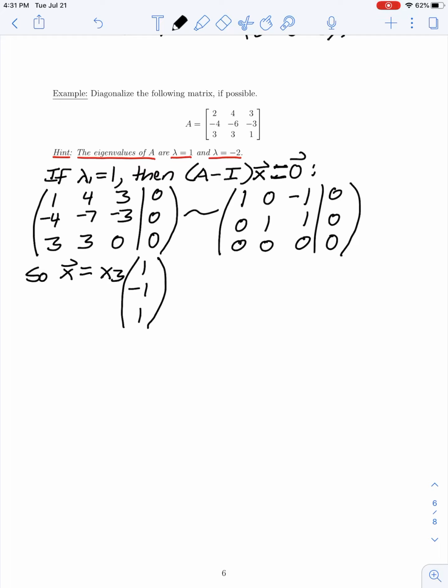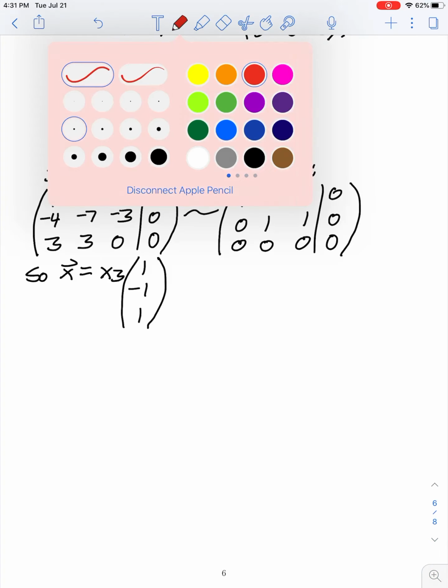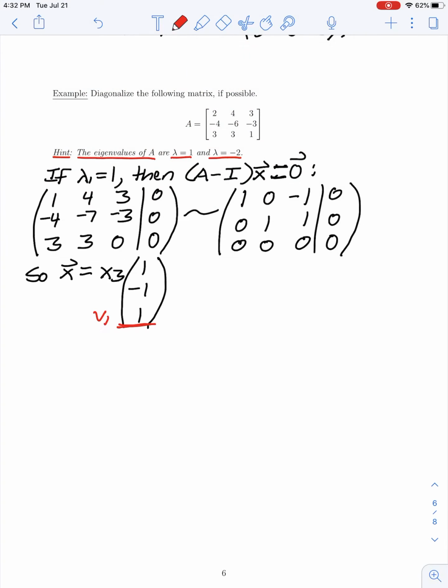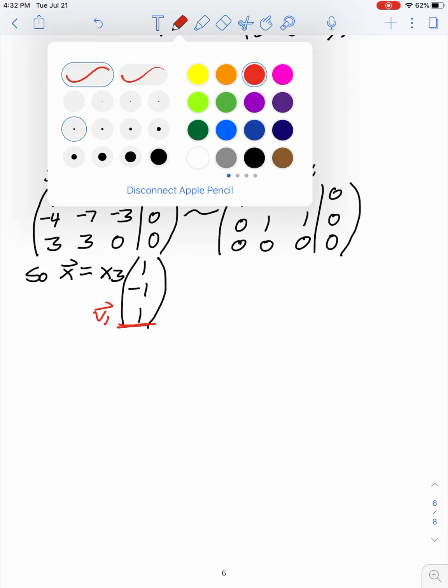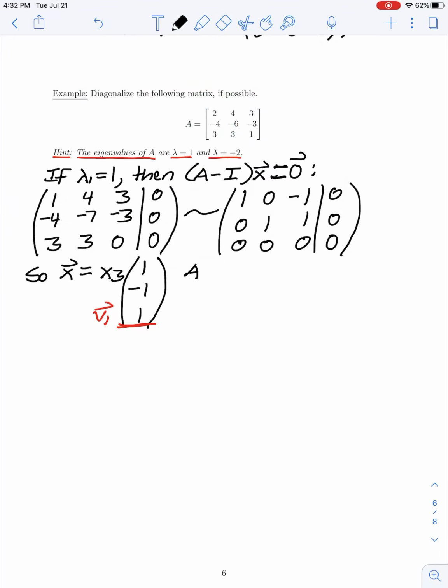So a basis for the eigenspace for lambda 1 would be this vector v1, since any eigenvector would have to be a scalar multiple of that vector. So here we'll say a basis for the eigenspace for the eigenvalue lambda 1 equals 1 is the set consisting just of v1.